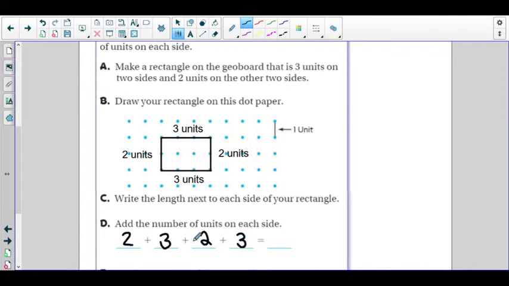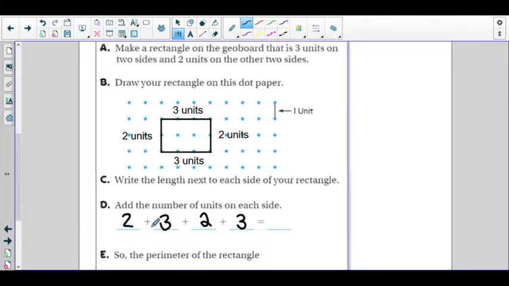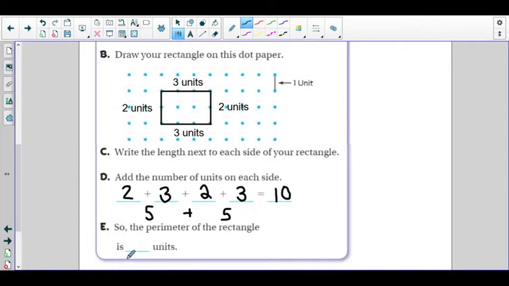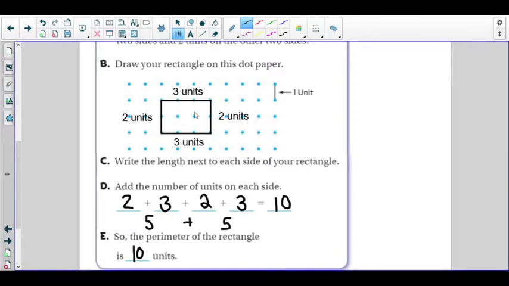All right, we're going to add those up. 2 plus 3, that's 5. And 2 plus 3, that's also 5. So we add those up. 5 plus 5, that's going to give us 10. All right, so the perimeter of the rectangle is 10 units.